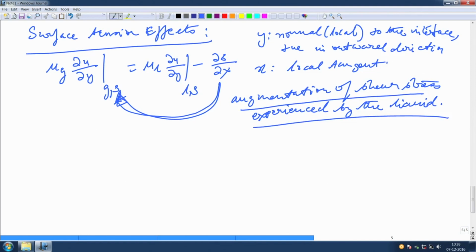That makes sense, right? If there is an augmentation of shear stress, the surface velocities may actually increase when you have this kind of effect. In addition, the surface tension gradient itself can generate flows like Marangoni flows, which we knew were the kind of flows that can exist when we first started this discussion.